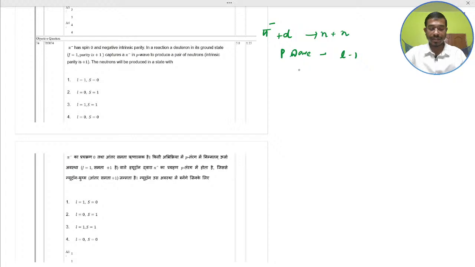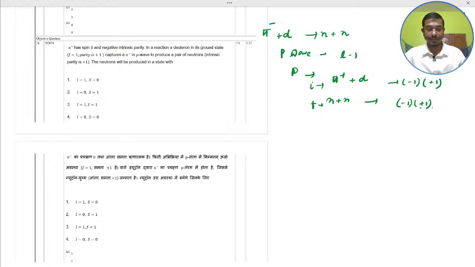The parity of the initial state, pi minus plus d, is minus 1 times plus 1, and for the final state n plus n it is minus 1 plus 1. So the P wave means L equals 1, minus 1 to the power L, which is equal to minus 1 plus 1 into minus 1 to the power 1.